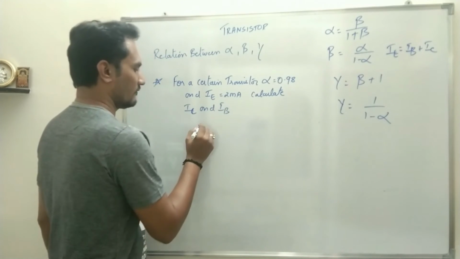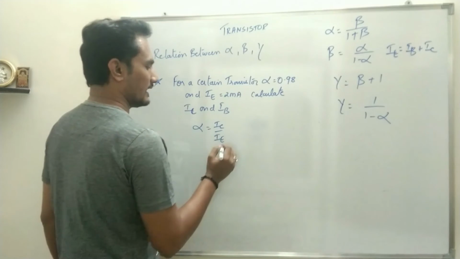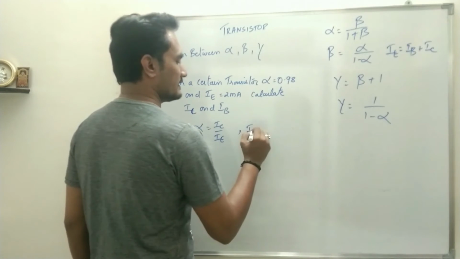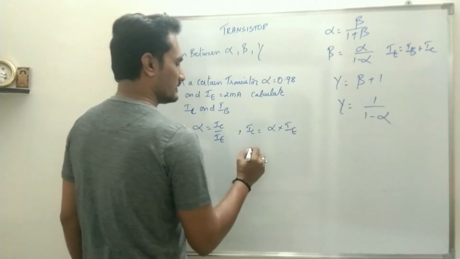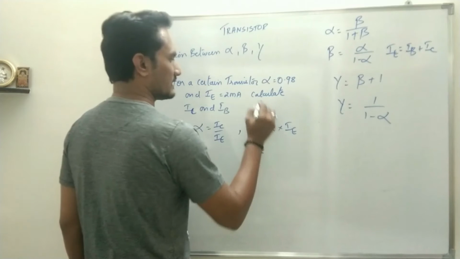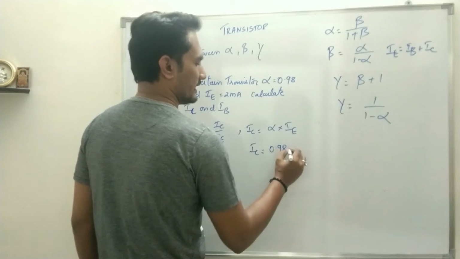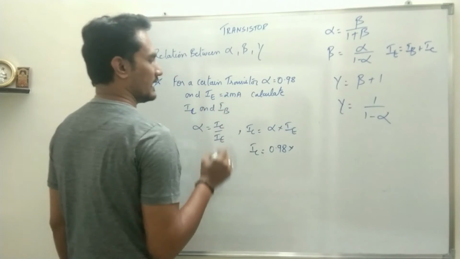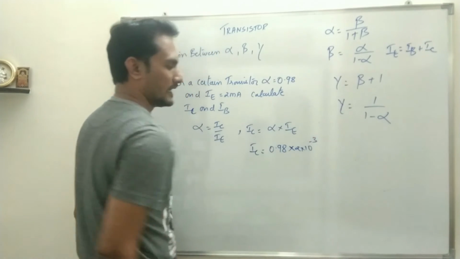You just need to substitute the value and get the answer. So now alpha, what is alpha? Alpha is IC upon IE. That means IC is equal to alpha multiplied by IE. So what is IC? Alpha is 0.98 multiplied by IE, which is 2 milliampere, 2 into 10 to the power minus 3.